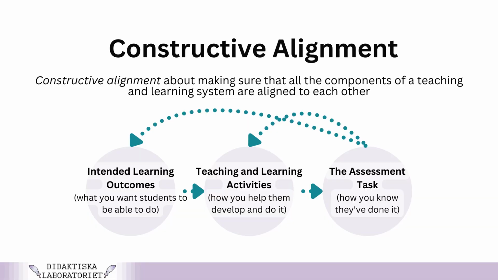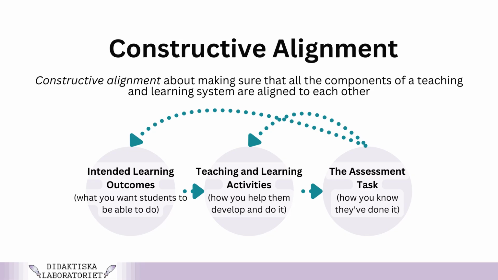Constructive alignment consists of these three bubbles, or the circles that you see, which are the intended learning outcome, the teaching and learning activities, and then finally the assessment task. And what this means is that you as the teacher will have a look at these three components and ask yourself, okay, what do you want your students to be able to do?